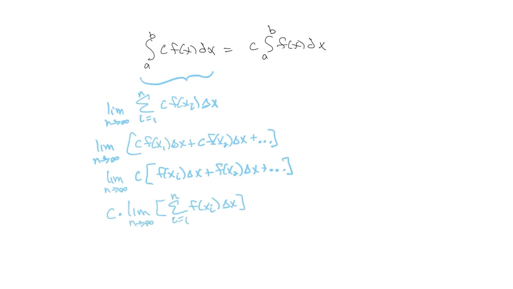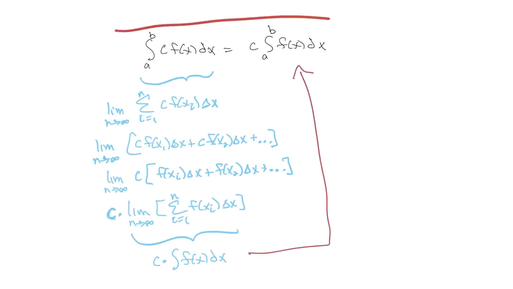So what I really have here is my integral definition. So this is the integral of f of x dx, and I'm multiplying the constant on after I do the integral process. And that's exactly what we have on the right hand side here. So here is a property of integrals that says that if I have a constant times a function, I can pull the constant out, then integrate the function and multiply the constant at the end of the process.